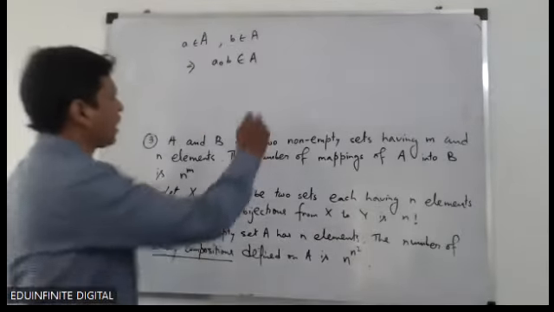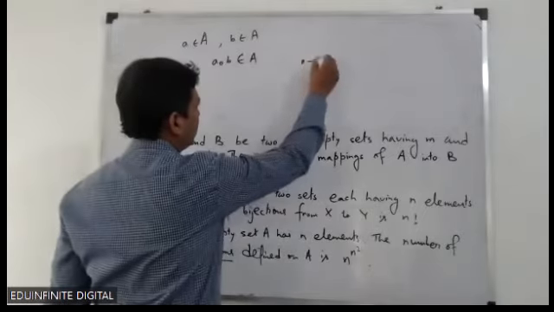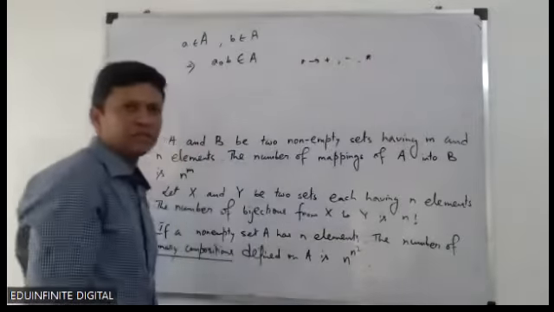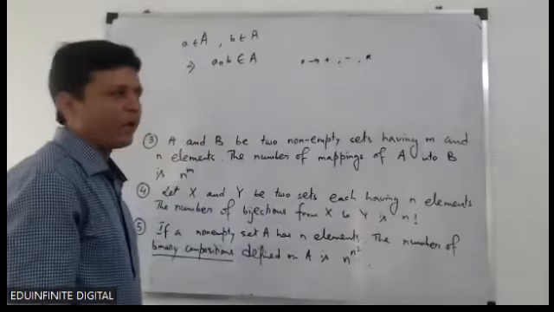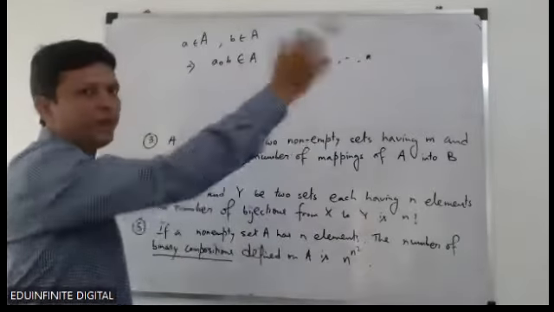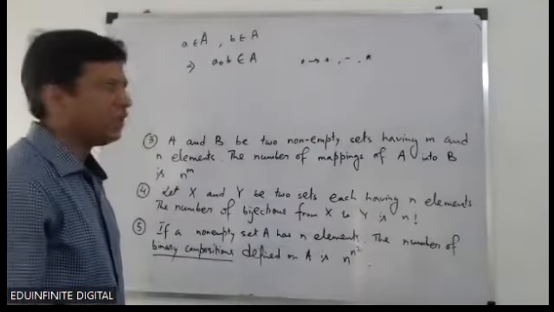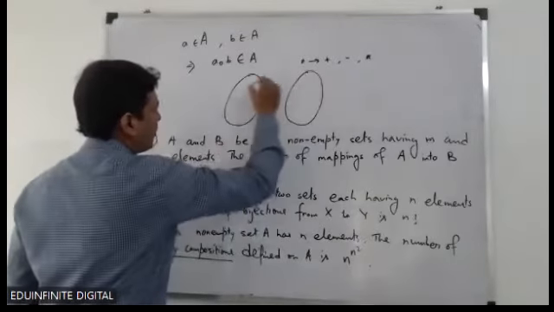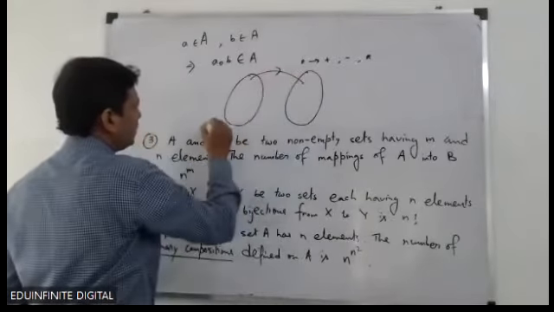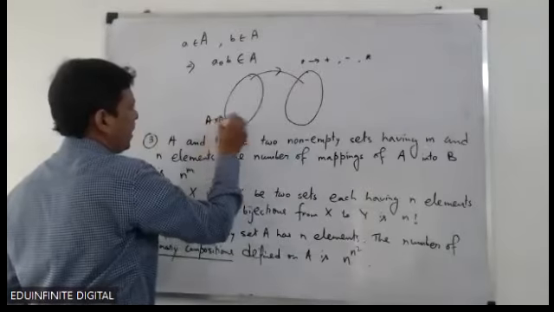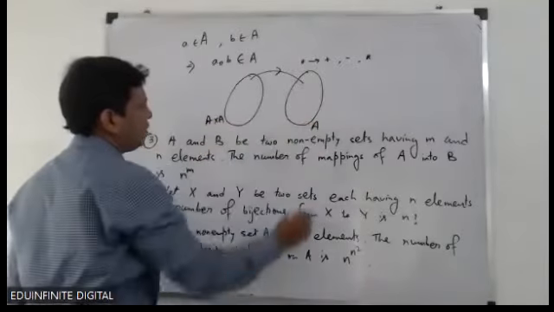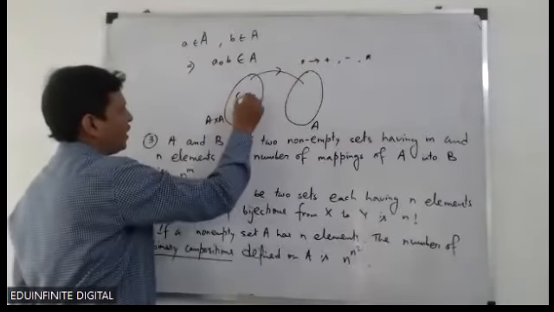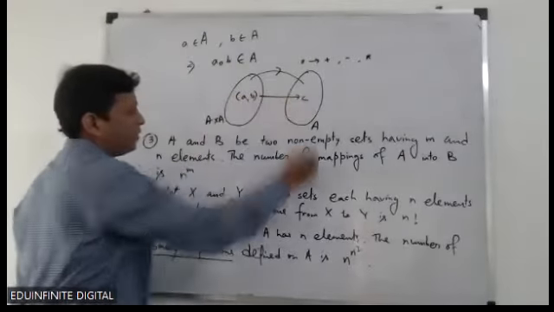Circle can be addition, subtraction, multiplication, or anything you define. That means binary composition is a mapping from the Cartesian product A cross A to A. You are taking an ordered pair to a single element.